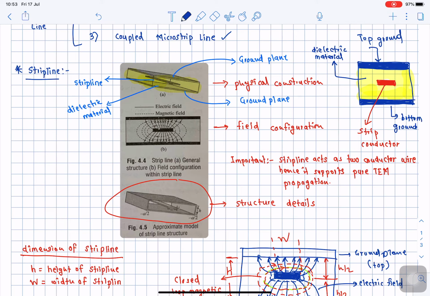At the bottom I will highlight it: we will find a metallic part, or a metallic conductor. This conductor is acting as a ground plane, and on the top we have the actual transmission line.